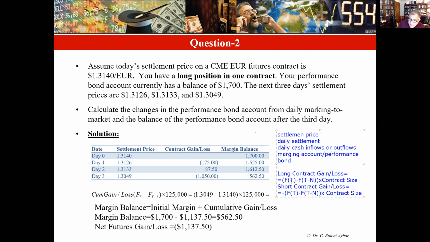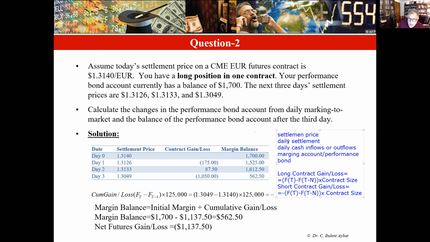N is the time frame. So if you want to calculate 1 day gain and loss, N is going to be 1. If you want to calculate, let's say, 3 days gain or loss, N has to be 3. And obviously this last price has to correspond to that particular day's settlement in order to calculate it correctly.